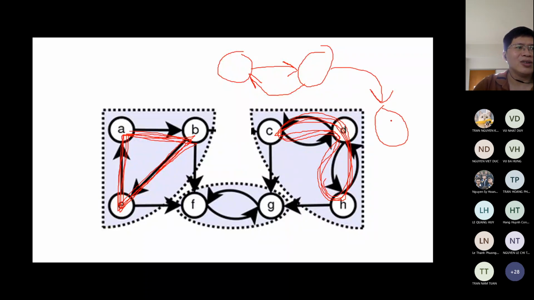This is your idol. You follow him, but there is no link from him following you back. So we want to detect these kinds of notions. We detect a set of friends, and that is the idea. That is the meaning, that is the goal.